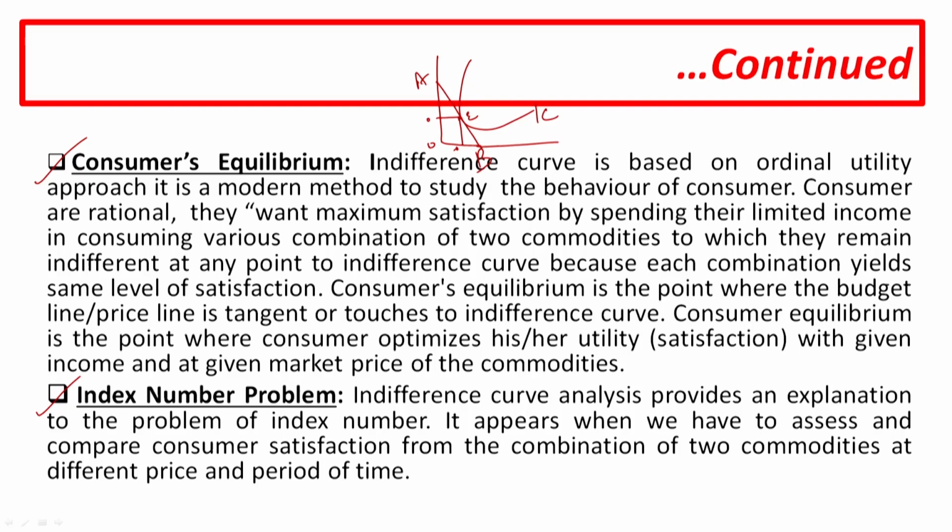With the help of the indifference curve, you are locating the consumer equilibrium, and consumer equilibrium is maximum satisfaction out of limited income by consuming two commodities. So, with different periods and with different prices of the same commodity, the consumer is going to compare whether there is a change in the behavior of the consumer or no change in the behavior of the consumer with the passage of time.